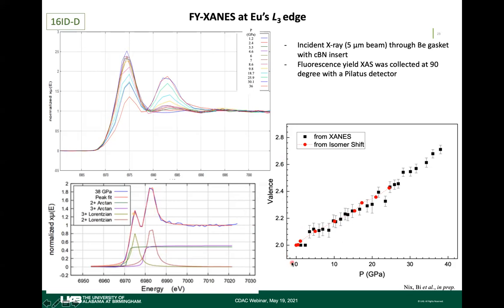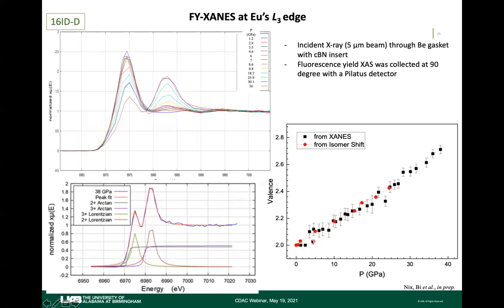And so here, this is the data extracted from the XANES and isomer shift. So with the black square, that shows the estimated mean valence from the europium under pressure, and then the red circle, that's from the isomer shift data.